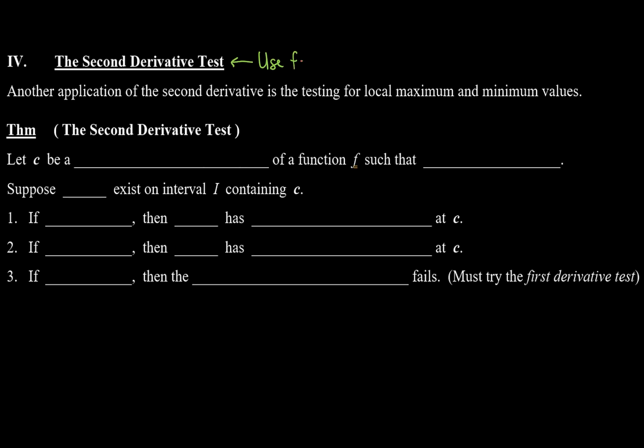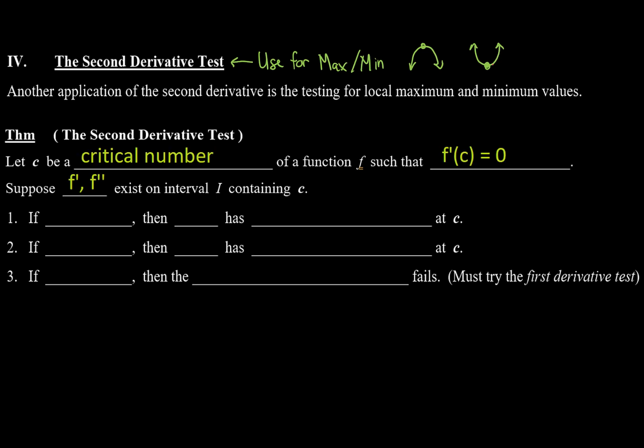Specifically, if you have a maximum at a critical number, notice that a maximum is on a curve that's going to be concave down, and a minimum is going to be on a curve that's concave up. So we can use that for the second derivative test to give us some information.